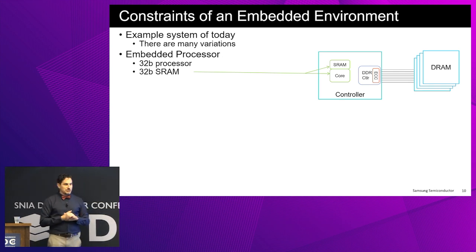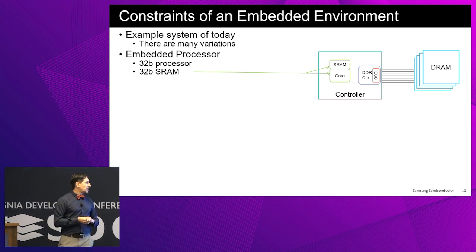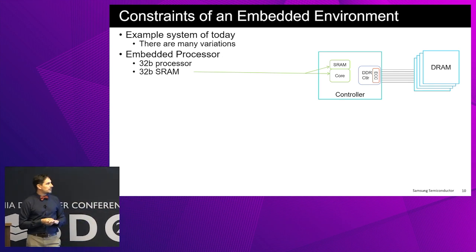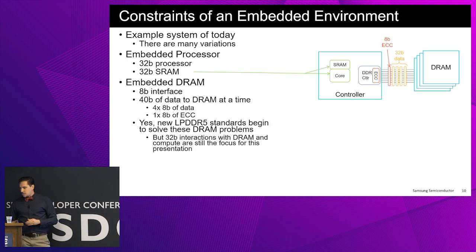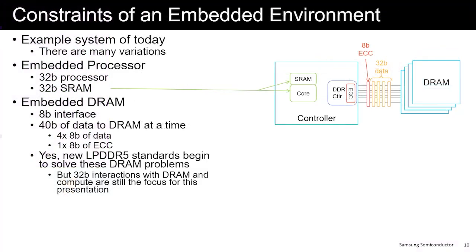The reality is these are embedded cores, so they're 32-bit SRAM and a 32-bit processor. The same can be said for DRAM. A common interaction might be this kind of model where we have 32 bits of data and 8 bits of ECC applied over that so that we can have SECDED coverage on our data when it's in DRAM.